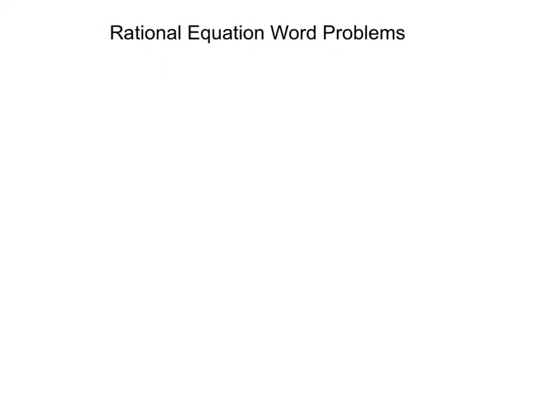Now we are going to use our rational equation solving skills to find the solution of different types of word problems. The equation that we are going to be working off of for these types of problems is the equation rate times time equals distance.